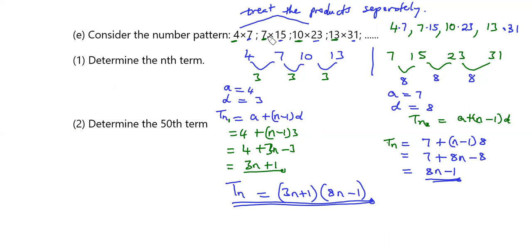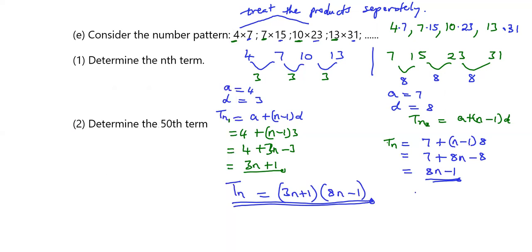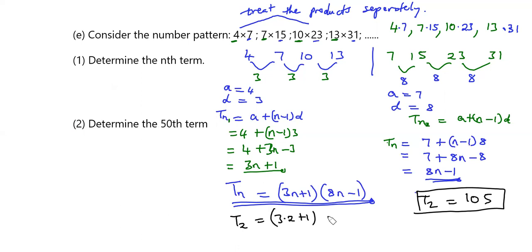Let's just try to check here. 7 times 15. We are getting 105. So T2 in this case is equal to 105. So remember here we want to check. So let's say here T2 is going to be equal to (3 times 2 plus 1) in bracket (8 times 2 minus 1).